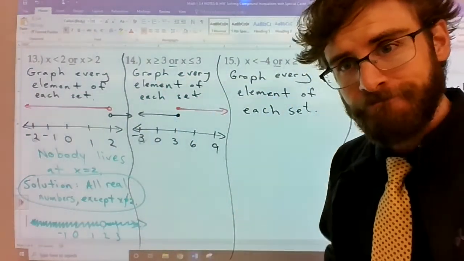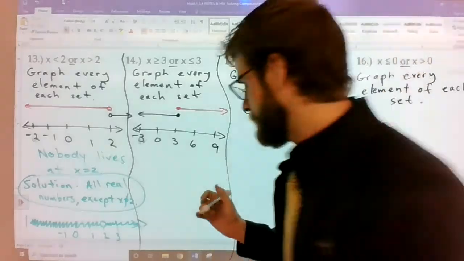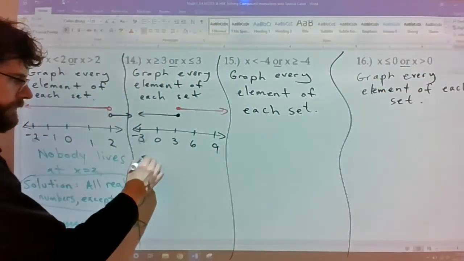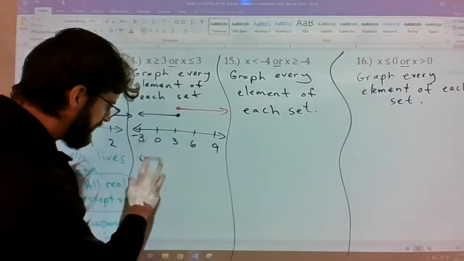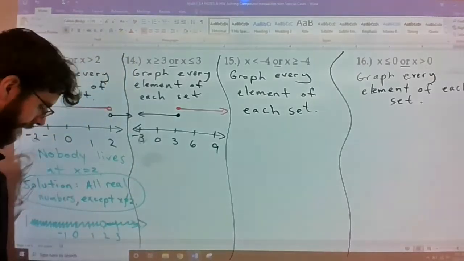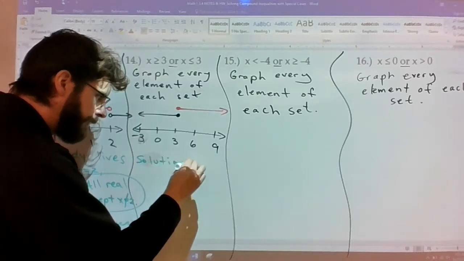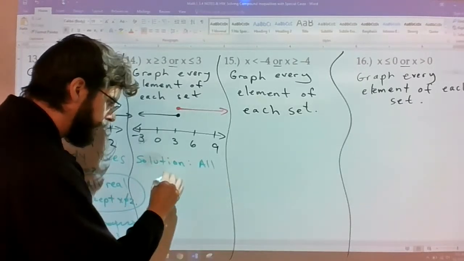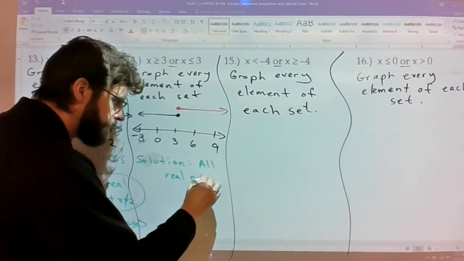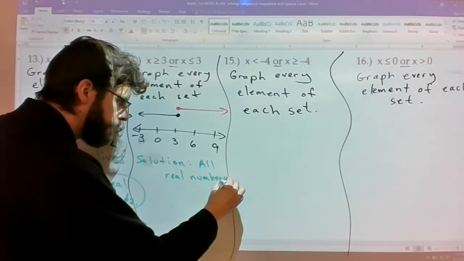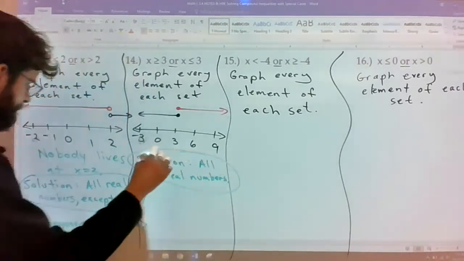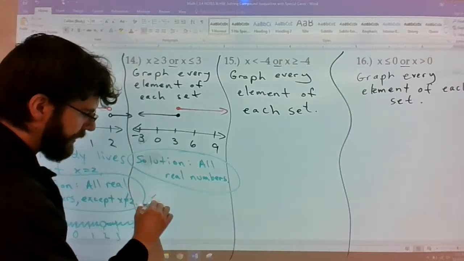So this one, all real numbers. Sorry, let's keep consistent here in green. Our solution, all real numbers. And you guys know how to graph that.